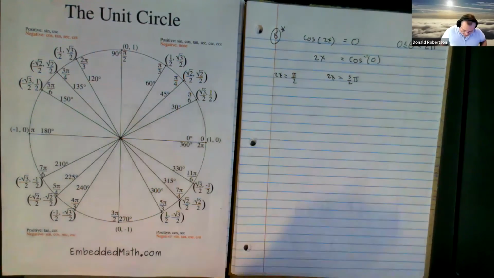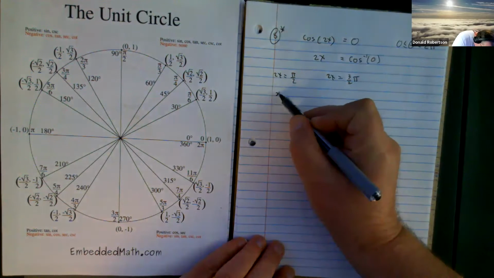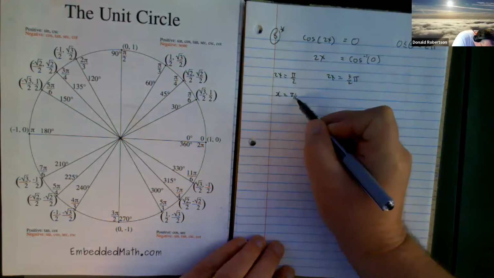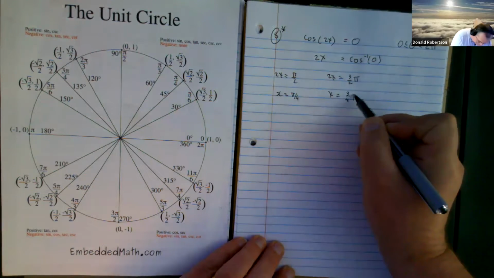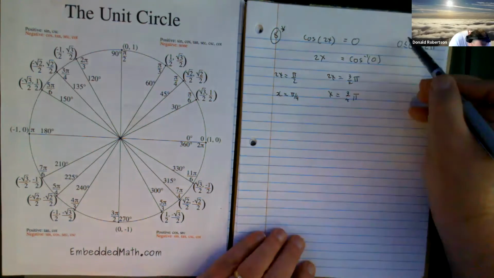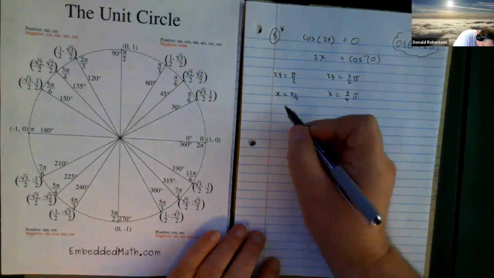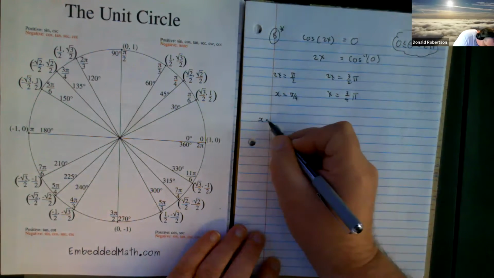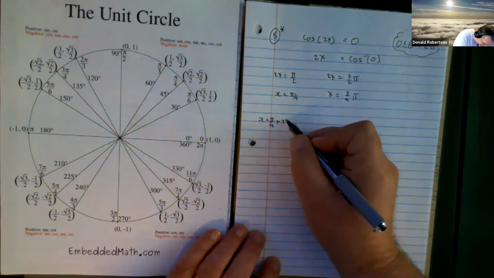Okay, so now, there are actually going to be 4 answers, but here are 2. If you divide this by 2, do you see you get pi over 4? And if you divide this by 2, you get 3/4 pi. Now, our starting numbers are 0 to 2 pi, but let me finish this guy off. We're going to do that 2 pi k thing.